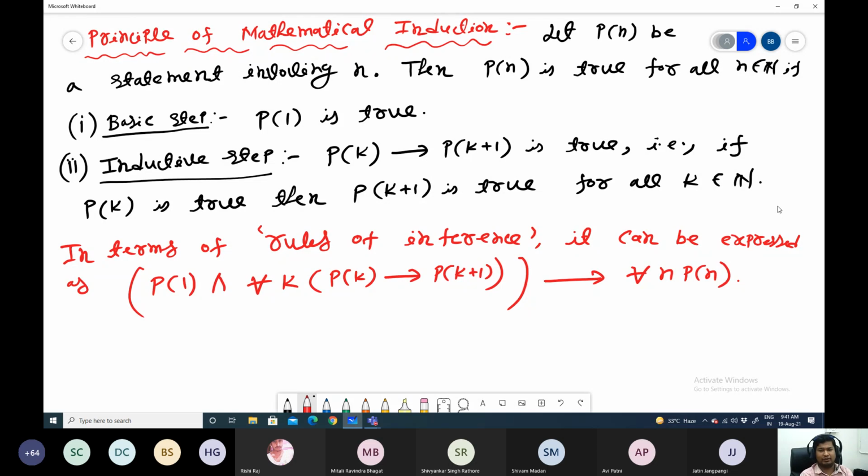Actually it cannot be proved because it is treated as an axiom. But actually we generally do not assume this as an axiom. This mathematical induction is equivalent to something else, and that is what we actually assume as an axiom, and that axiom is the well-ordering principle.